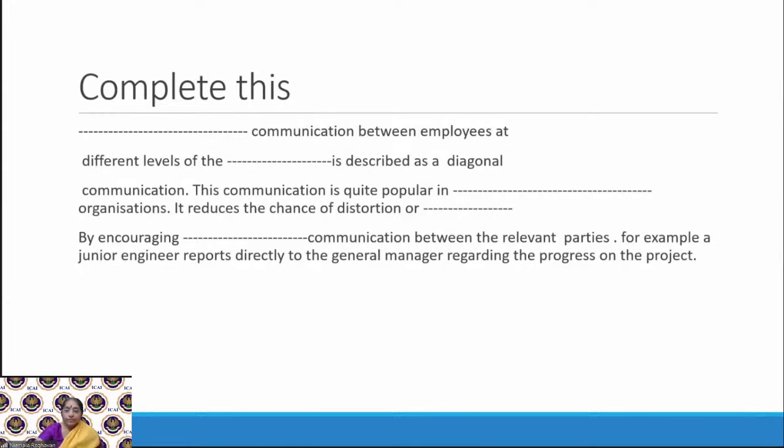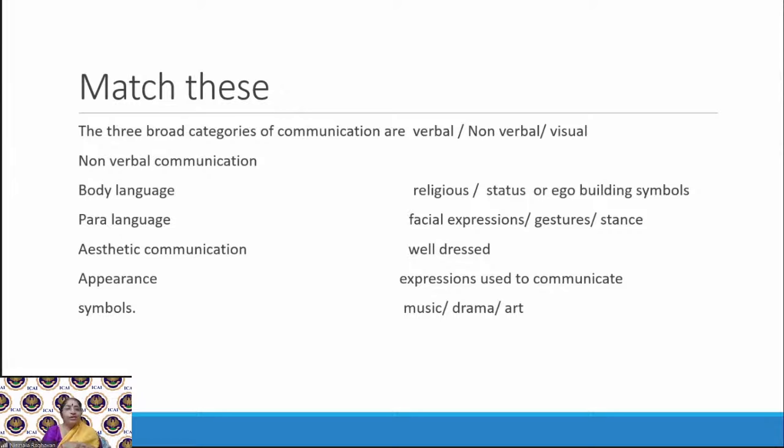Okay, that's for now. Now match these. The three broad categories of communication are verbal, non-verbal, visual. I want you to match these and not post in the chat box, but write in your notebooks. Then I'll give you the answers. You can check whether you're right. You can post all correct or one wrong.